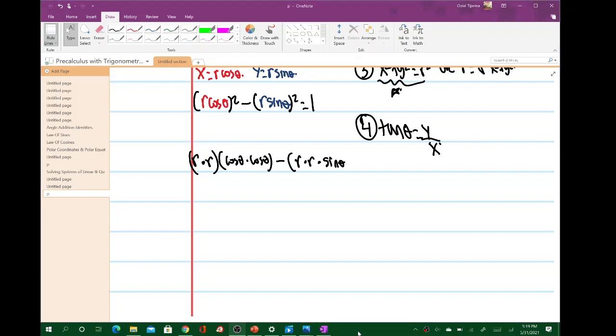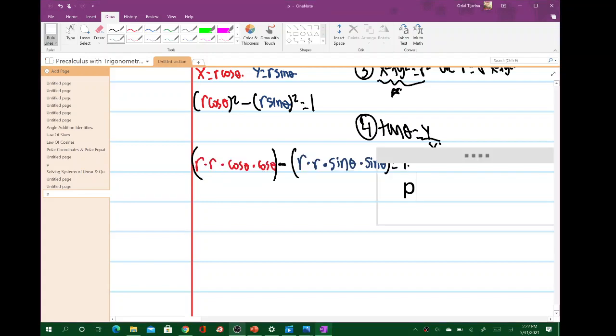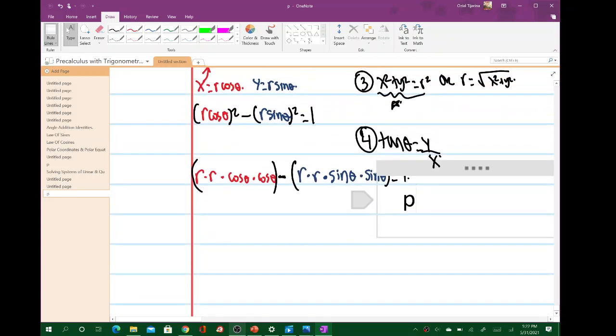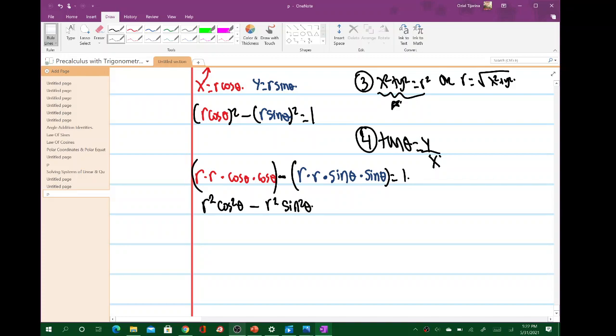Okay, so this is how it is, basically, and if it helps to color code, you can also do that. So that way you know that when they're squared, you don't forget to square the cosine theta and the sine theta, right? So then you're going to say this is r squared cosine squared theta minus r squared sine squared theta, right?